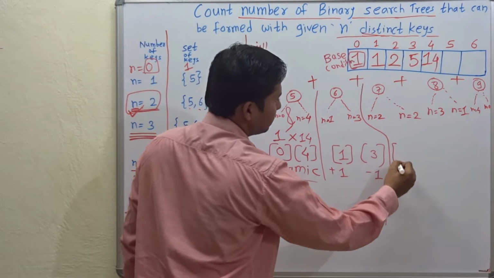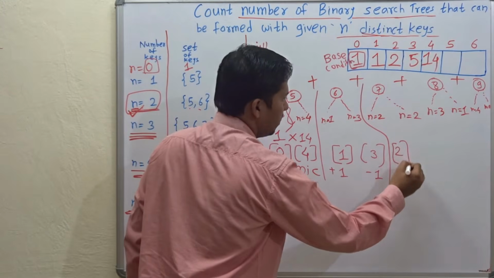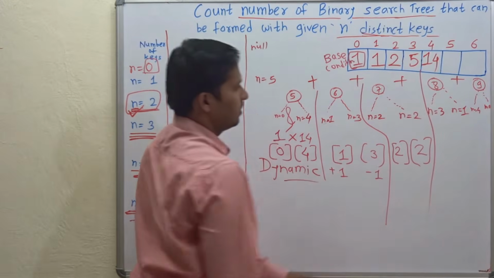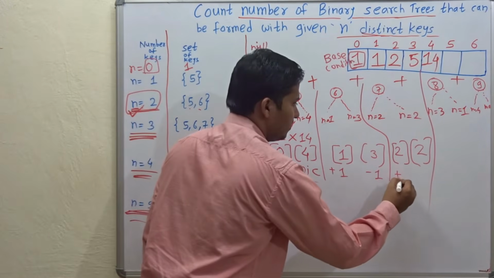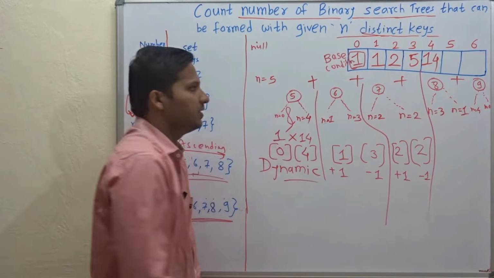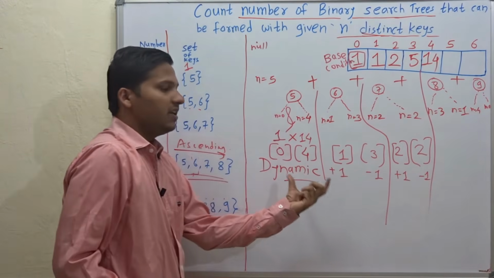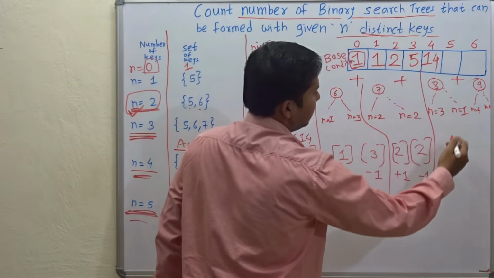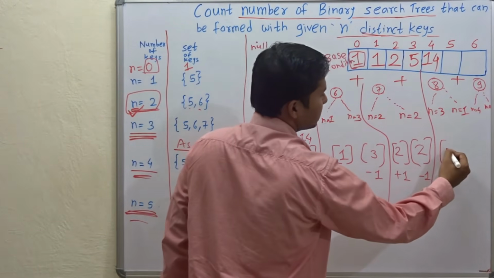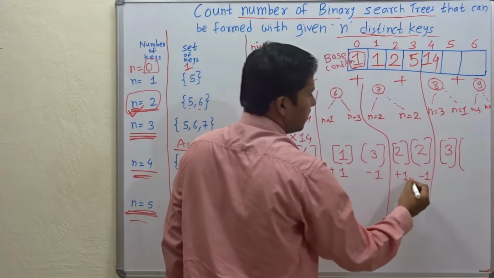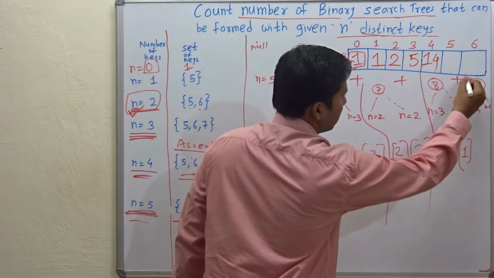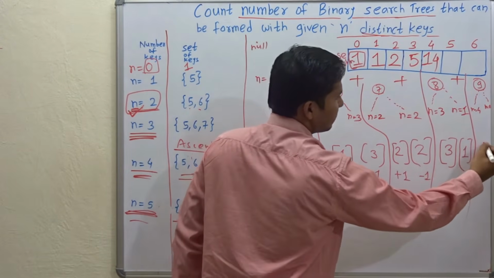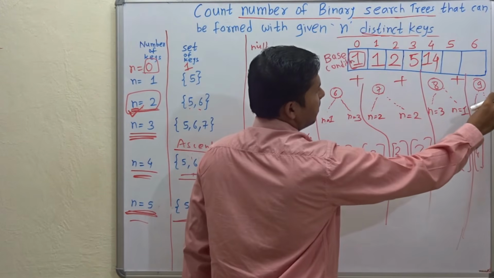Here for 7, 1 plus 1, that is 2, and 3 minus 1, that is 2. Okay, plus 1 minus 1. Right? Now, all these things I am telling you for programming, for the formula for coding. And for 8, see, plus 1 minus 1 means 3 and minus 1 means 1. Okay, and finally for 9 as the root, 3 plus 1 is 4 and 0.